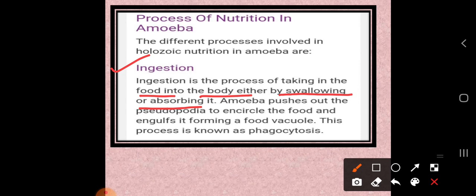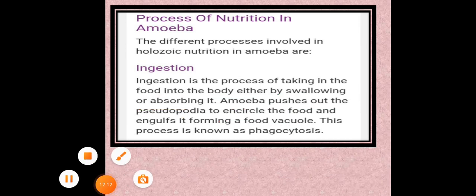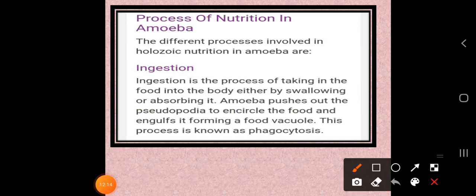Amoeba pushes out the pseudopodia to encircle the food and engulf it, forming a food vacuole. This process is known as phagocytosis. Just imagine this: suppose this is the amoeba, and in front of the amoeba a food particle is there.